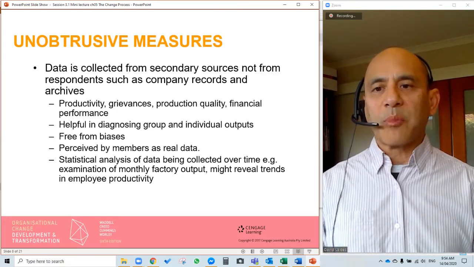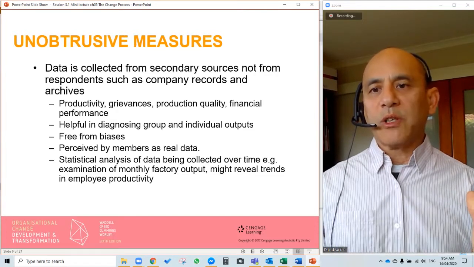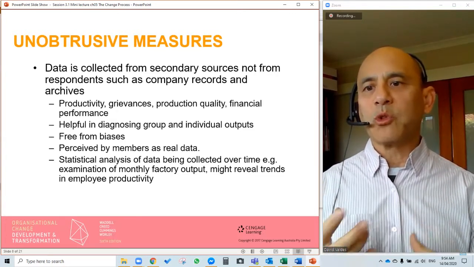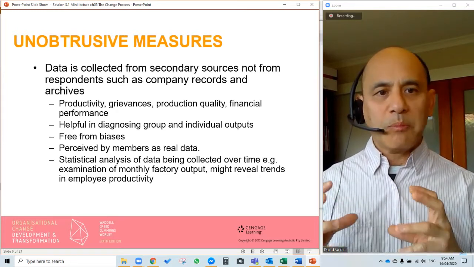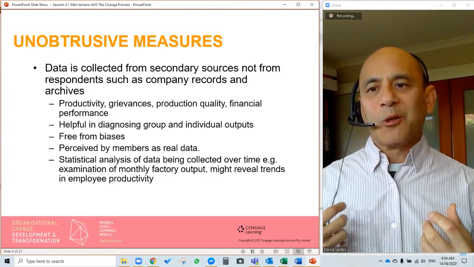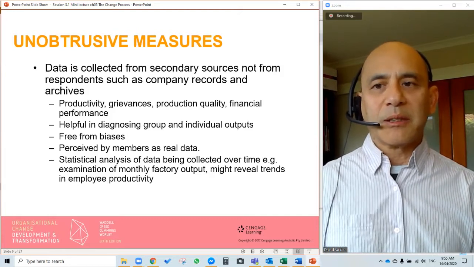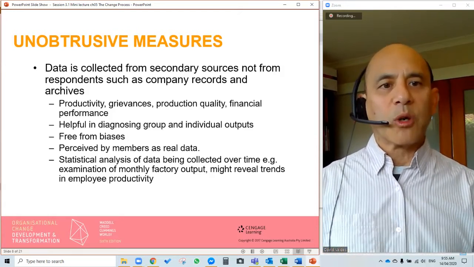An example of a productivity report is we look at a factory, for example, and we measure how much product is being produced in this factory based on the number of people that are in the factory. So we are assuming, hopefully, of course, that if we expand the number of people within the factory, we're actually producing more product.